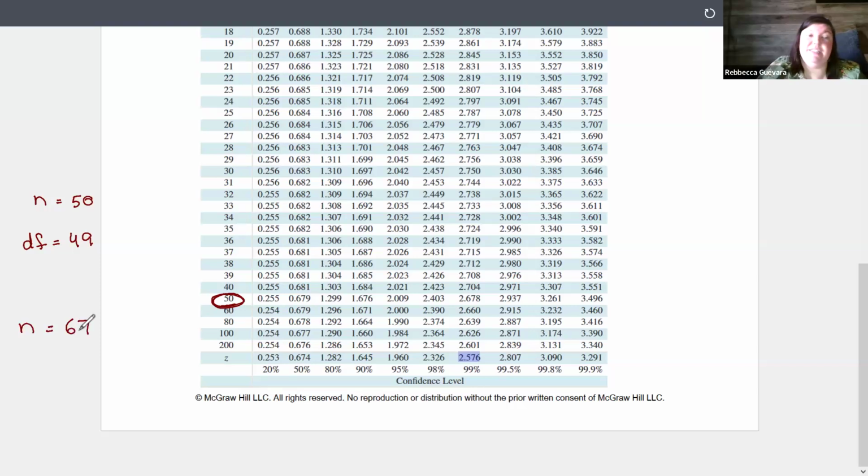If my sample size was 67, my degrees of freedom would be 66. Here it's 60, then 80. Well, 60 is the closest, so we'd pick 60. We do this up until we get to 200. Remember, 200 isn't very far from what your z-score is.